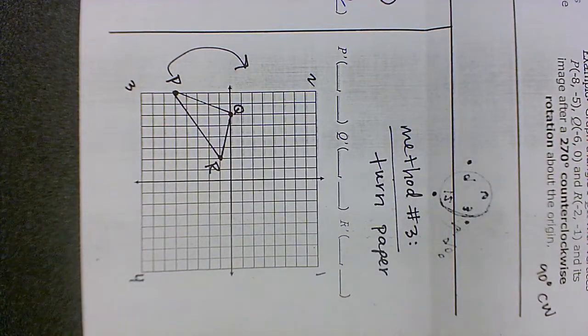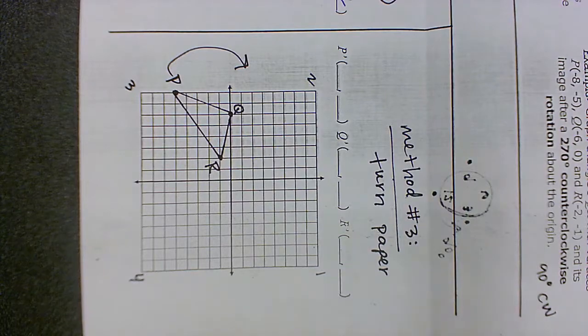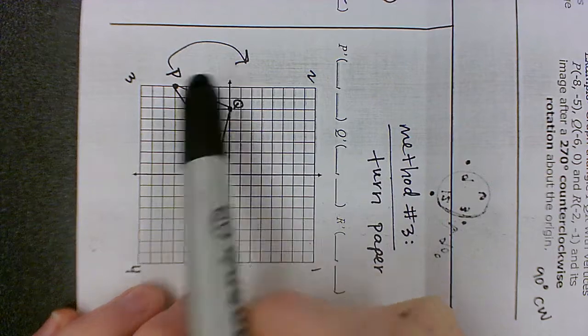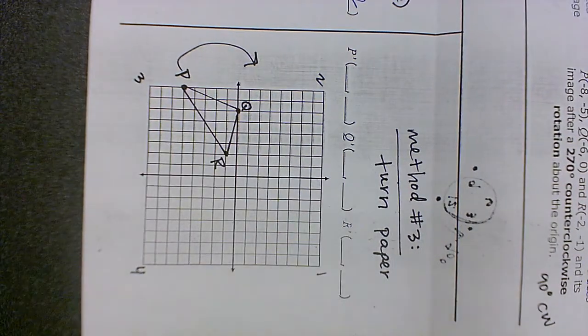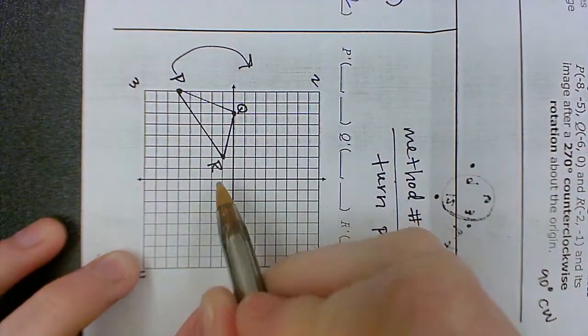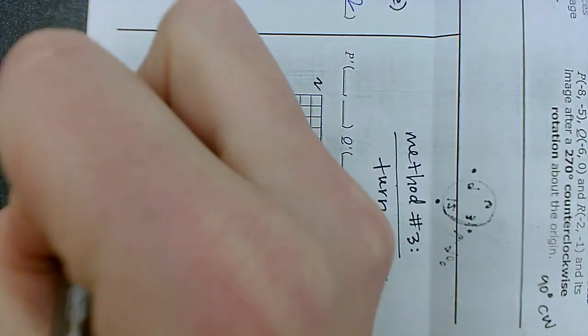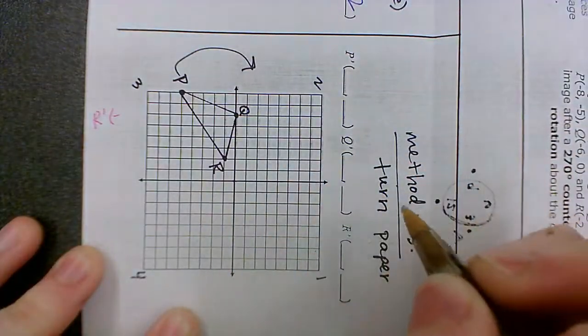Okay, and we've now created where we want our image to be, but now just switching my axes, I can just read it the same way I would as if this were my x-axis and this were my y, and I can figure out my new points here. Okay, so I'm just going to write them off to this side. I use pink. Okay, so just if I were reading any normal graph, I'm going to plot these 3 points. So I'm at -1, +2 for r prime. That's -1, +2.